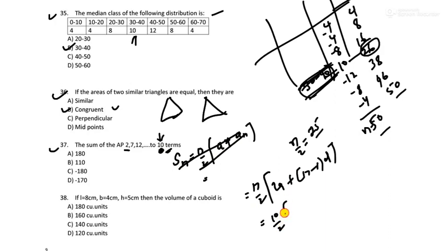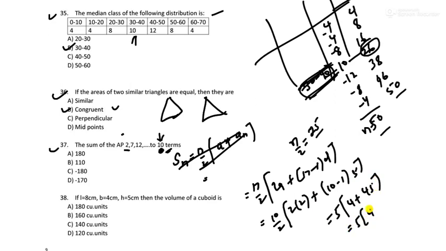So 10 by 2 into 2 times a, which is 2, plus 10 minus 1 into d. What is d? If you see here, 7 minus 2 is 5. So 5 into 4 plus 45, 4 plus 45 is 49.